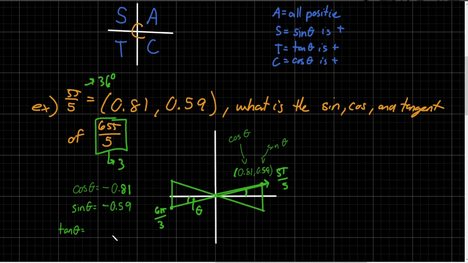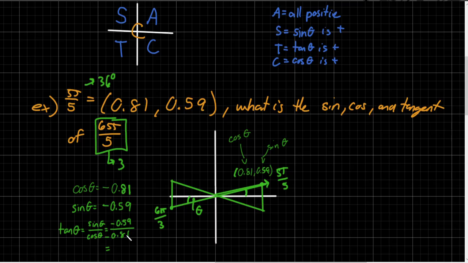Flip it. Yep. So it's sine theta over cosine theta. So Amy, what's on top? Yep, and the bottom? Yeah, great job. So is it going to be positive or negative, Amy?